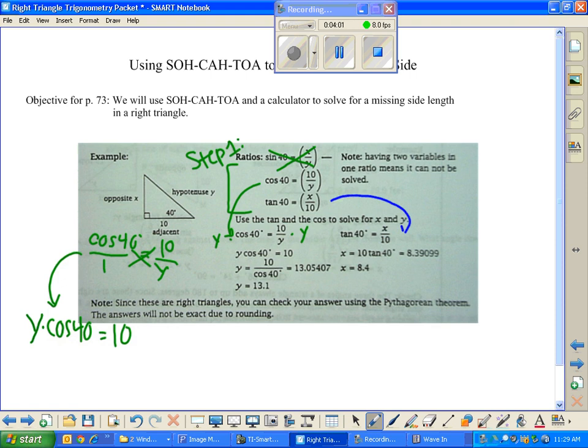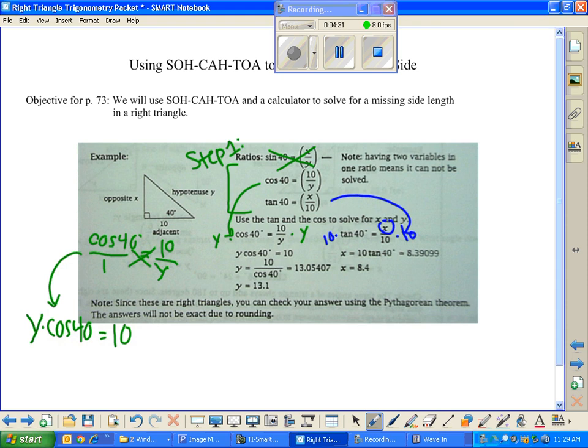Coming over here, we have solving for x. We have tangent of 40 equals x divided by 10. To solve for that, how would you isolate that x? What are they doing there? Yeah, Chase? Multiplying. It's being divided by 10, so we do the opposite, multiplying both sides by 10. That's how they get the x by itself equals 10 times tangent of 40.